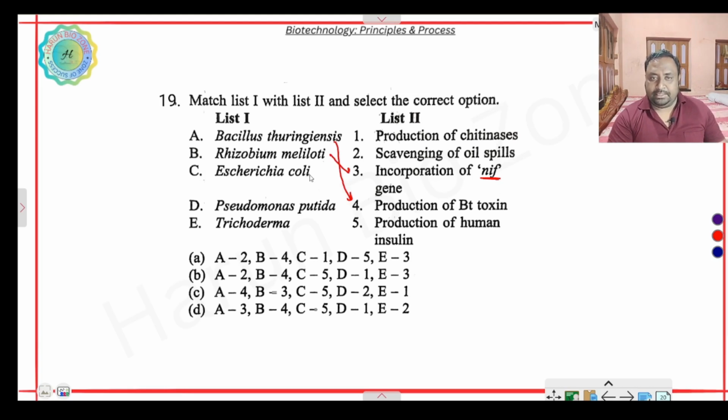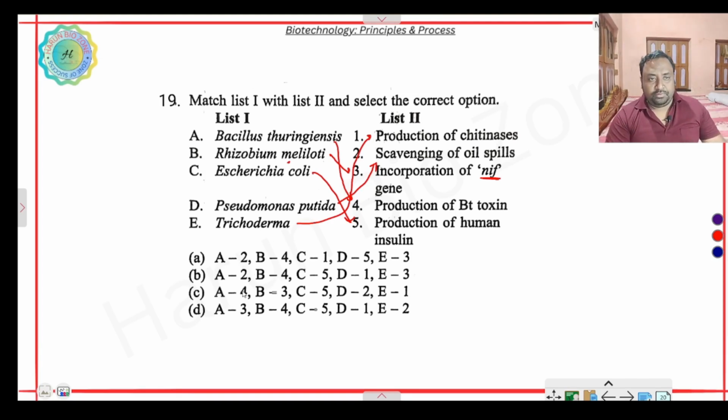E. coli bacteria, production of human insulin. And Pseudomonas putida, scavenger of oil spills. Pseudomonas putida breaks down the hydrocarbon when oil is spilled in ocean water. Trichoderma is a fungus that produces chitinase.